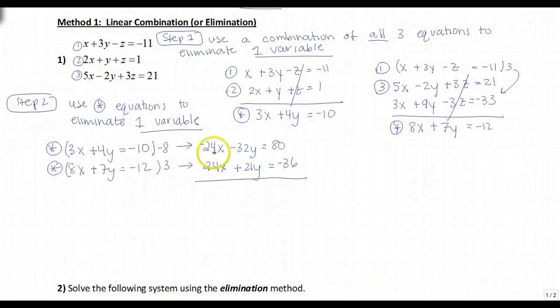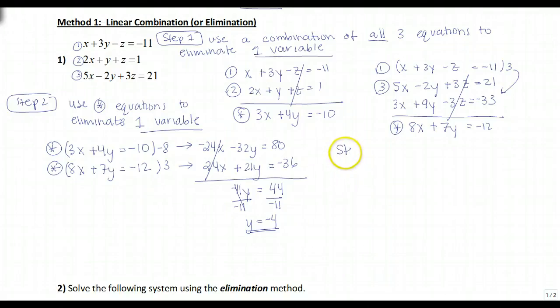So now when I add these together, my x's cancel. I'm left with negative 11y equals 44. So easy, divide by negative 11. y equals negative 4. So I'm going to underline that. That's already one of my solutions. We're getting there. We only have 3 steps to go.